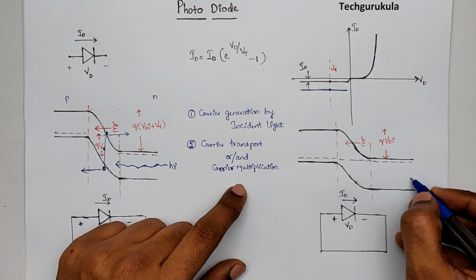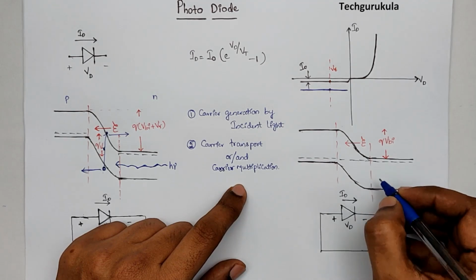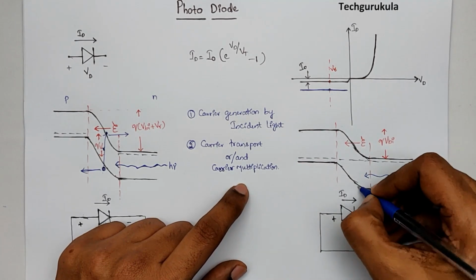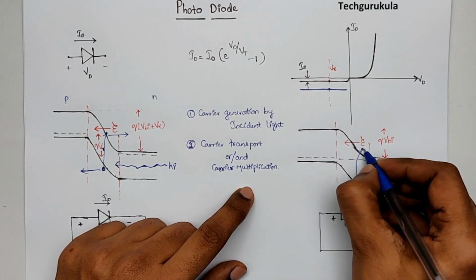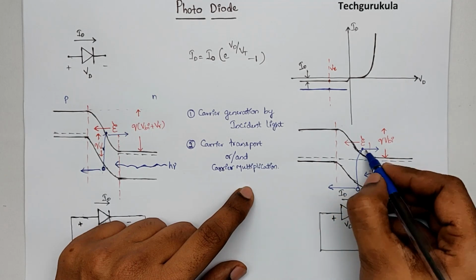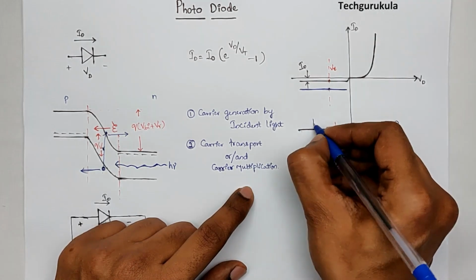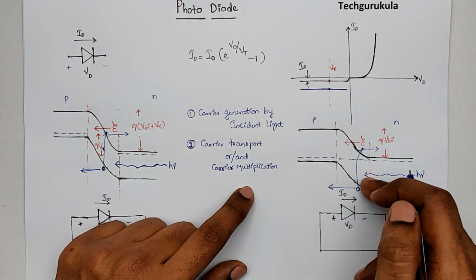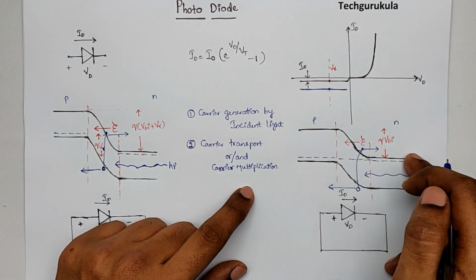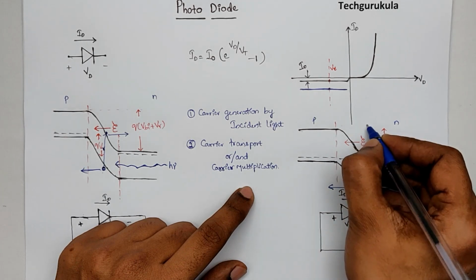Now, if we actually have incident light here, it would still create electron hole pairs, and the electric field would still separate them, where electrons are sent to the n side and holes are sent to the p side. Which means because of this incident light, the current that is flowing is in this direction.